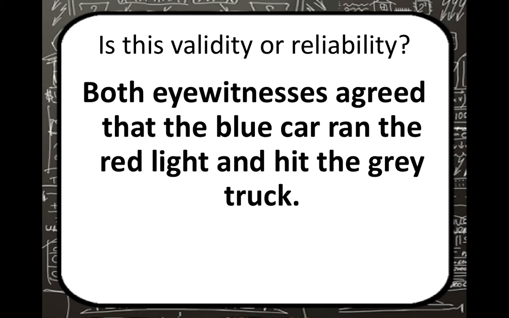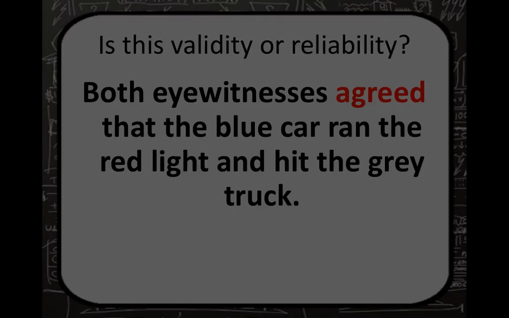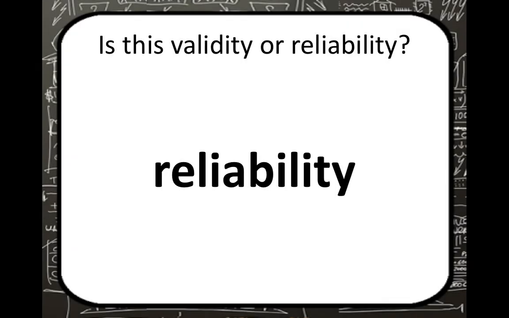So this is one way of measuring how something happened, right? Are we talking validity or reliability here? So there are key words that clue you in. Both eyewitnesses agreed that the blue car ran the red light and hit the gray truck. So when we're talking about agreement, we're talking about consistency, right? So when we're talking about agreement, we're talking about reliability.